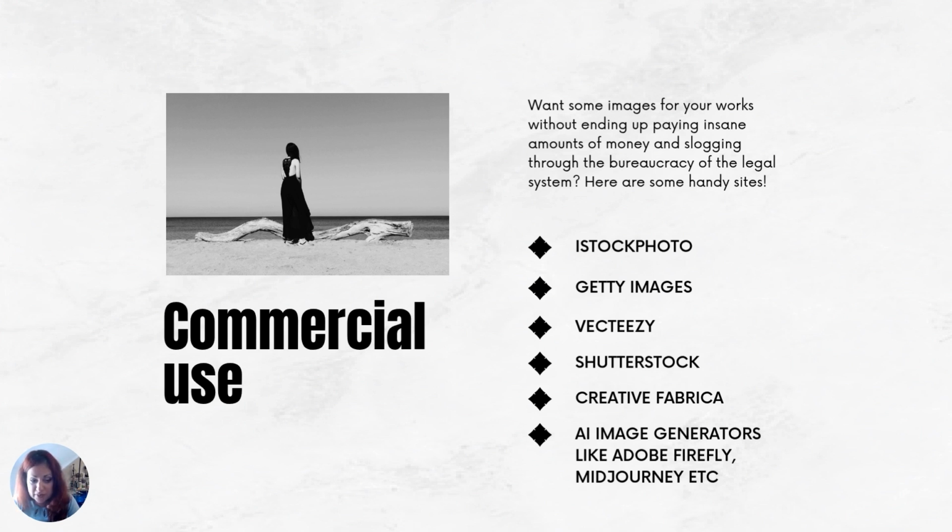Shutterstock and Creative Fabrica are popular for illustrations and fonts, and of course we've got the AI image generators like Adobe Firefly or Midjourney, where with a paid subscription you can use their models commercially. All of these you can buy different licenses for, for different use cases, whether online, on printed products, or in digital products. So you have to check the particular license you're buying and whether it suits your needs.